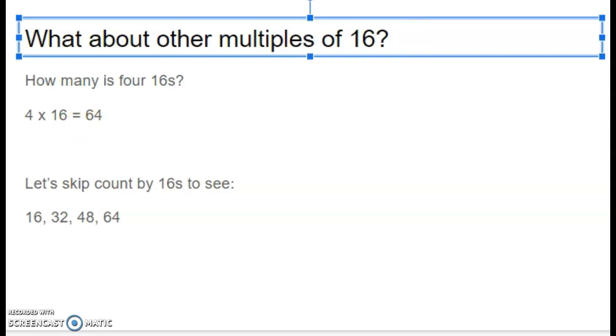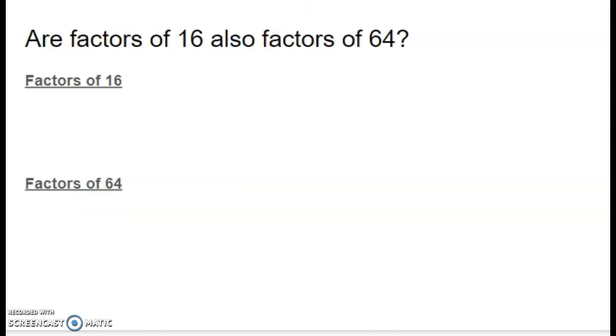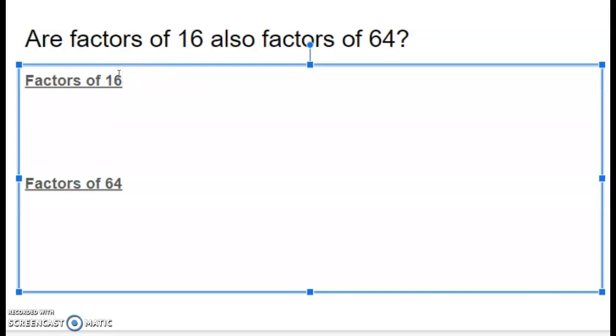Well, let's see. Let's think about what the factors of 16 are and see if any of them match up to the factors of 64. So we know factors of 16 are 1 times 16, we also know that 2 times 8 is 16, and we also know that 4 times 4 is 16.